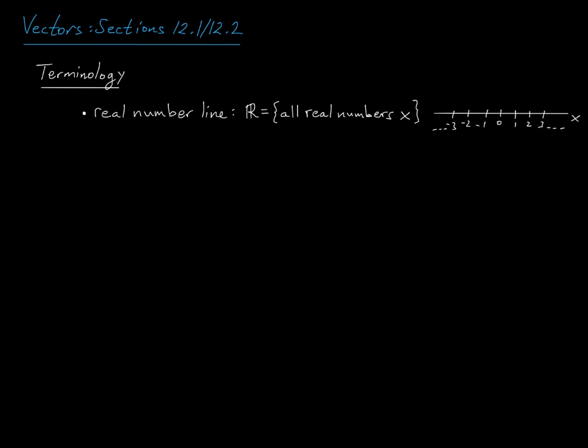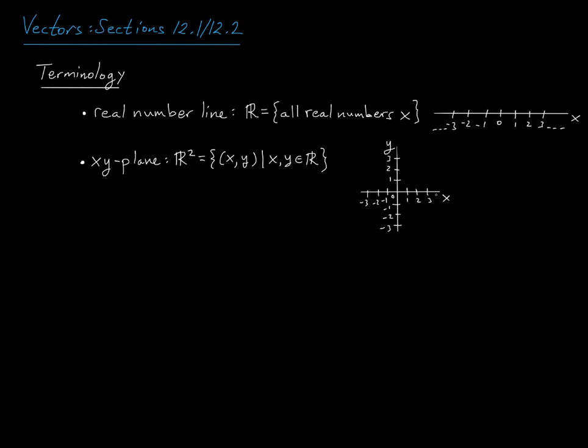Now if we go up a dimension, look at points in the xy plane, we're going to denote that as R2, or R squared in other words, and it consists of all ordered pairs x comma y, where x and y are real numbers, and x and y here are just the coordinates of the various points in the plane.